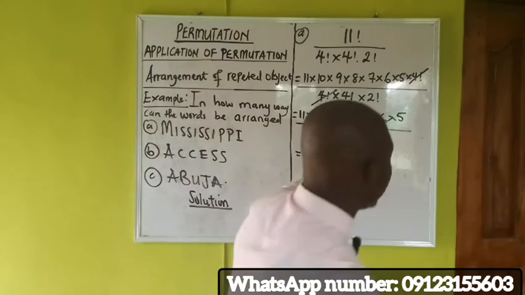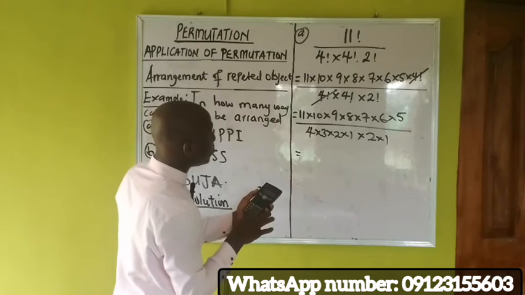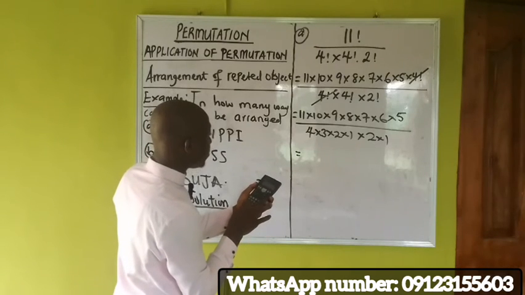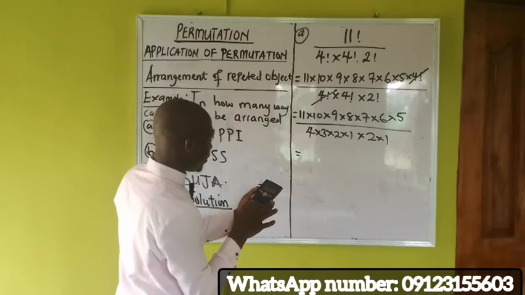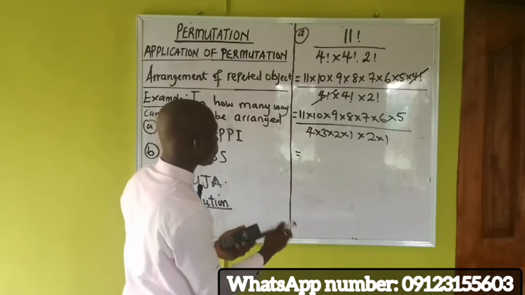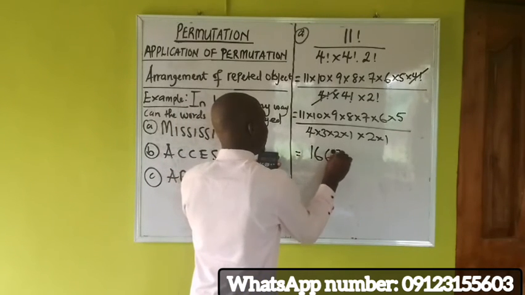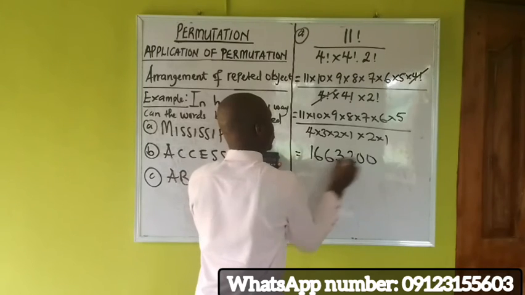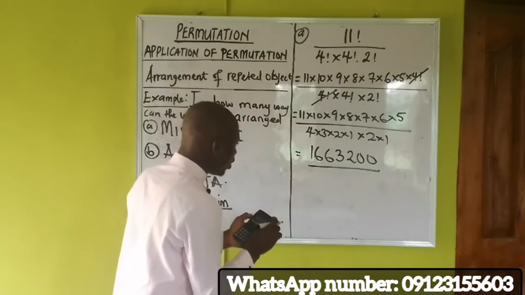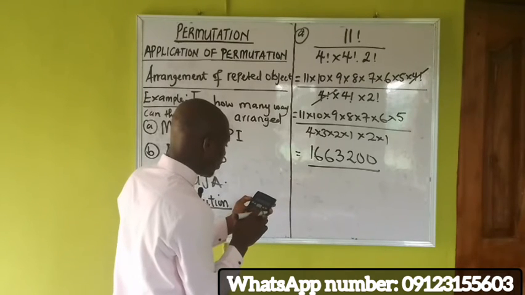At this stage, if I punch the numerator, I'll have 11 times 10 times 9 times 8 times 7 times 6 times 5, which is 1663200, divided by, if I use the calculator, 4 times 3 times 2 times 1 times 2 times 1, I have 48.